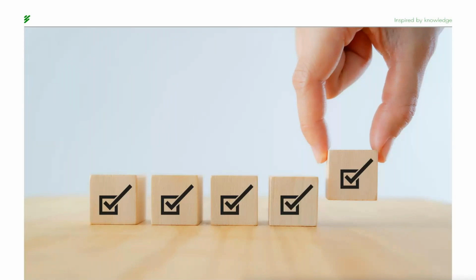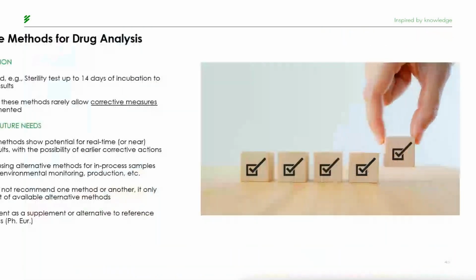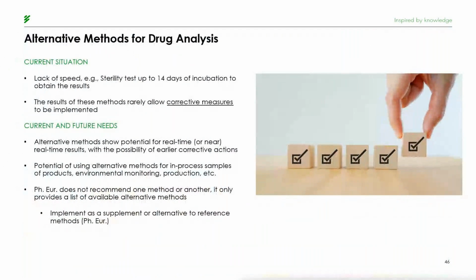And finally, we are going to talk a little bit about the alternative methods for drug analysis. So, classical or traditional microbiology, despite being the reference in many international standardized methods, such as pharmacopoeia, as we've seen, or ISO standards, lacks speed when it comes to obtaining results.